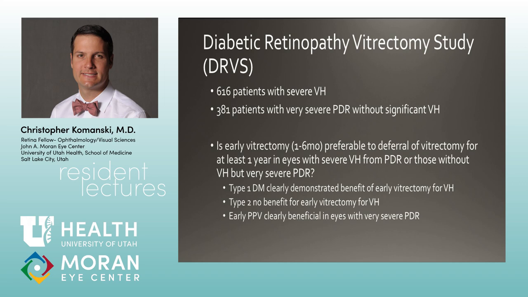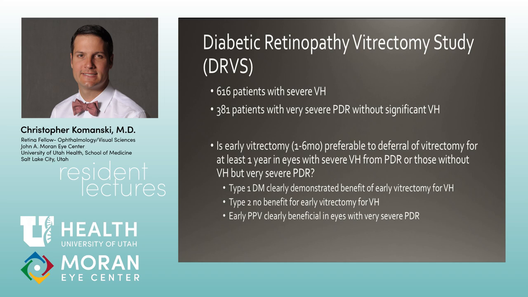When they said there was no benefit to early vitrectomy in type 2, you also have an eye with no vision for 6 months or a year. But this is when vitrectomy was 19 or 20 gauge. It was a much riskier procedure than it is now. So I think it's important to know, but we're more aggressive than this.